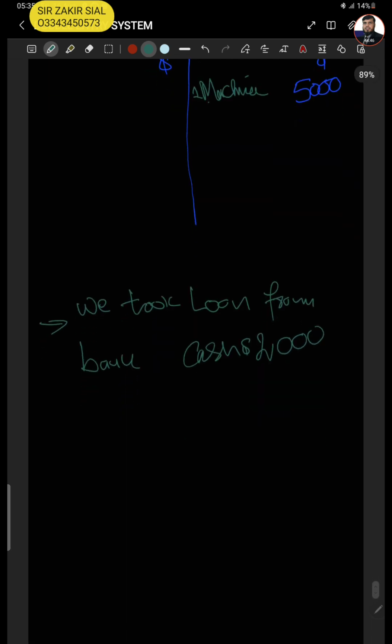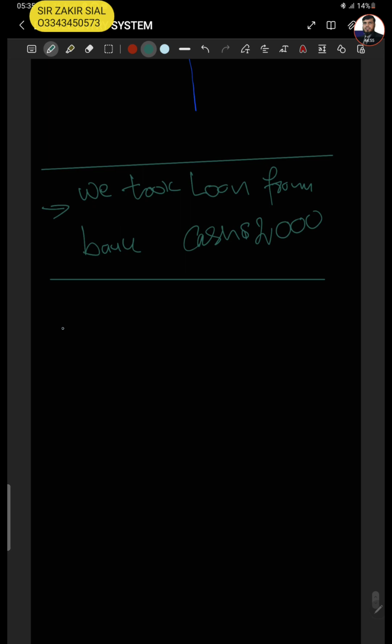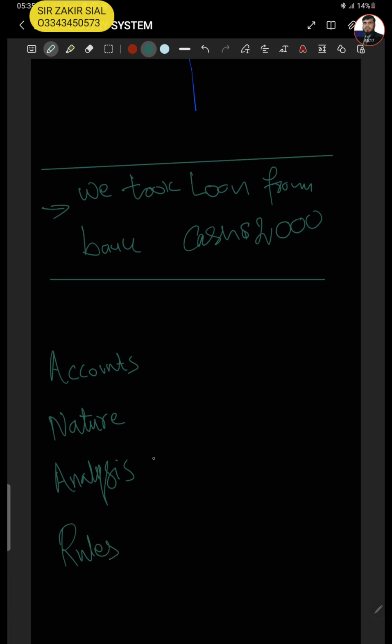So how can we process this transaction? Again, we will follow the same steps. Which accounts are involved in this transaction? What is the nature of these accounts? What is the analysis? And then we will apply the rules of debit and credit.